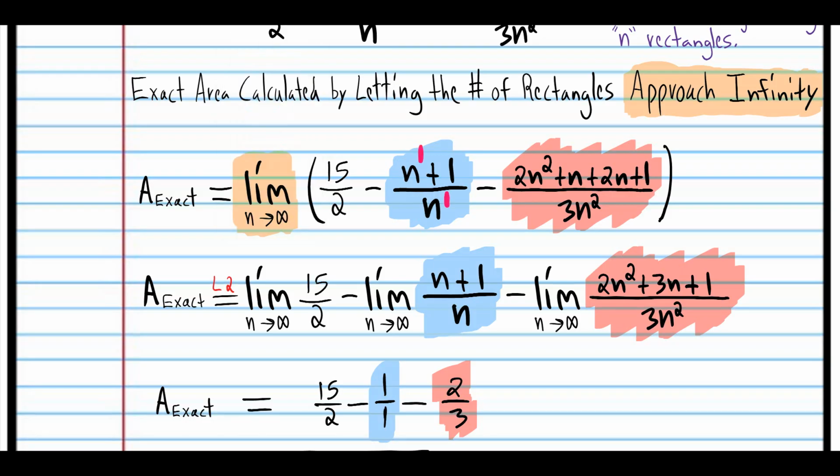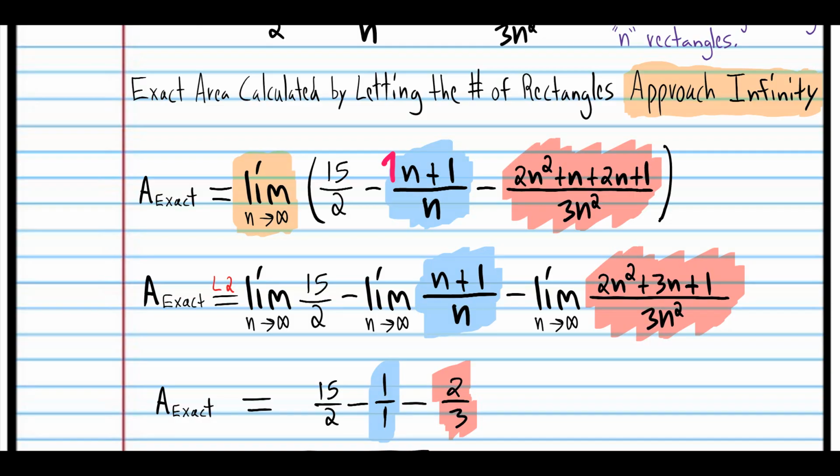You see those exponents? They're both the same. If the exponent of the leading term in the numerator and the denominator is the same, then this expression approaches the quotient of the coefficient of the leading term in the numerator and the coefficient of the leading term in the denominator. So 1 divided by 1.